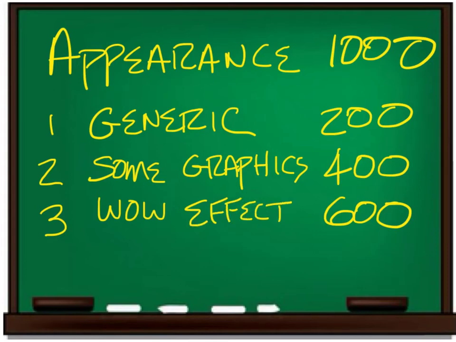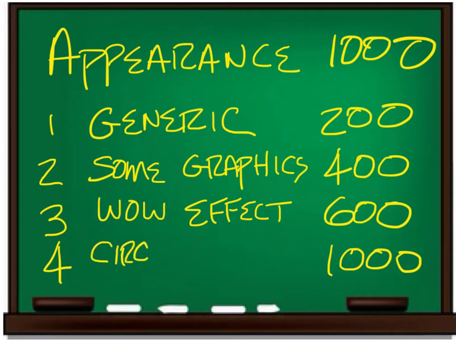That'll get you to at least 600. And then all the way, skipping to 1,000, is that if you're using commands such as circle, draw, line, and items like that to be really detailed in your pictures, then that will get you up to 1,000.